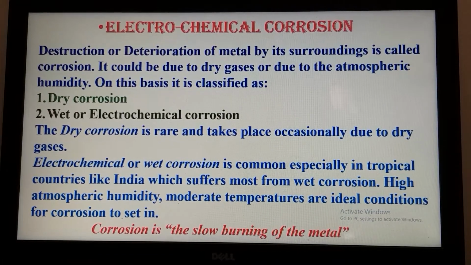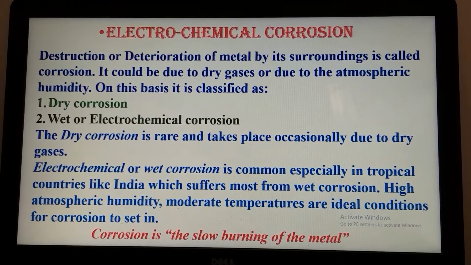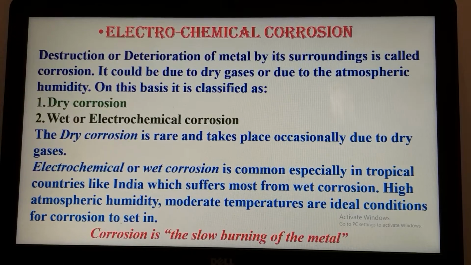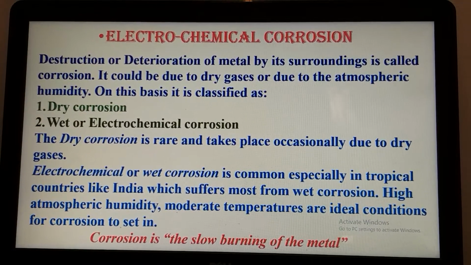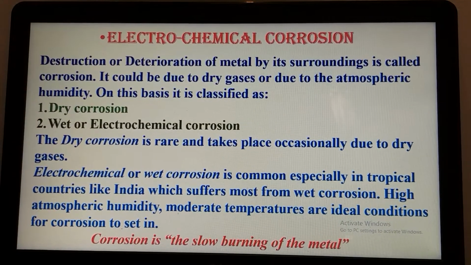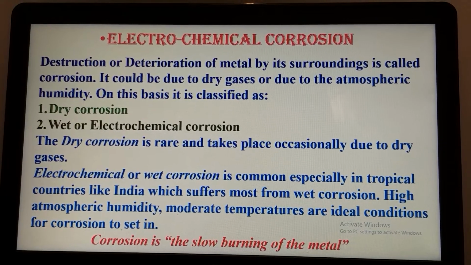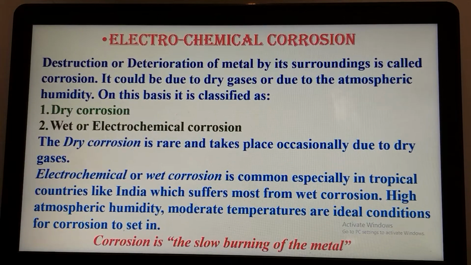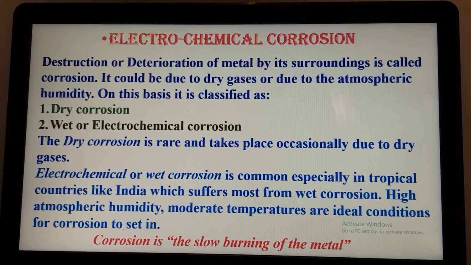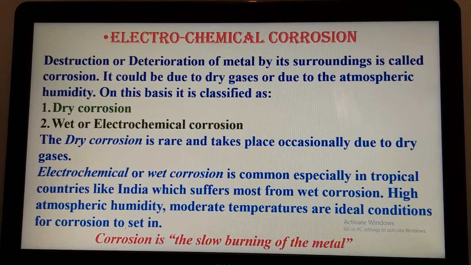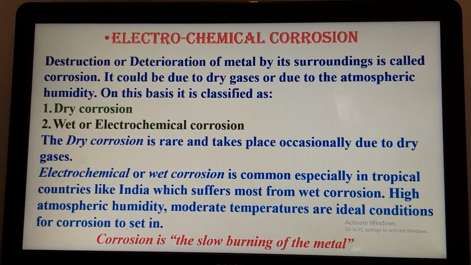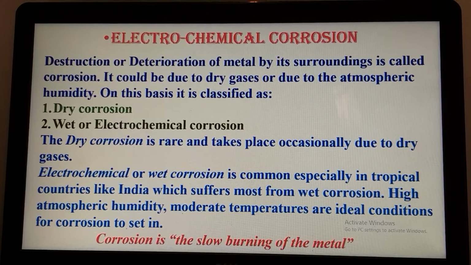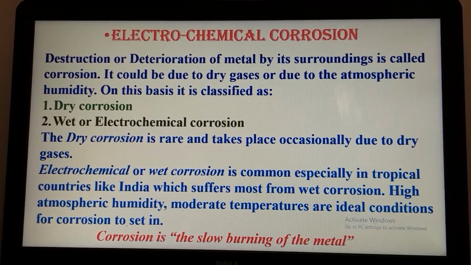This type of corrosion is mainly found in moderate temperature, that is, conditions where there is high temperature and high humidity. India is one of the mostly suffering countries due to wet or electrochemical corrosion.